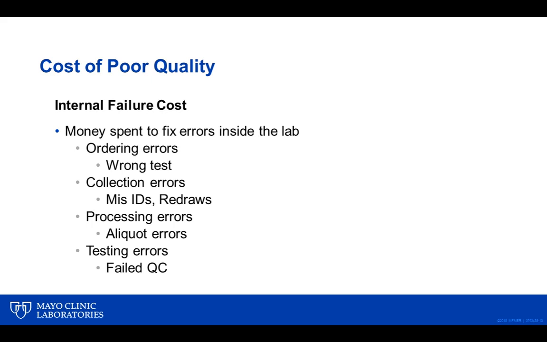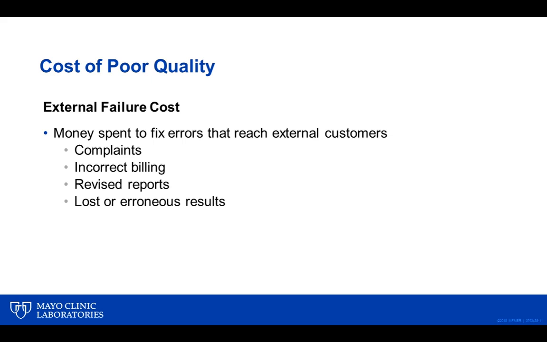So now let's look at the external failure cost. So the external failure cost is money that you spend to fix errors that are already out of the door, already in the hands of the customer. So you release the result, and the result is now with the physician or with the patient, and now they found out there's an issue.